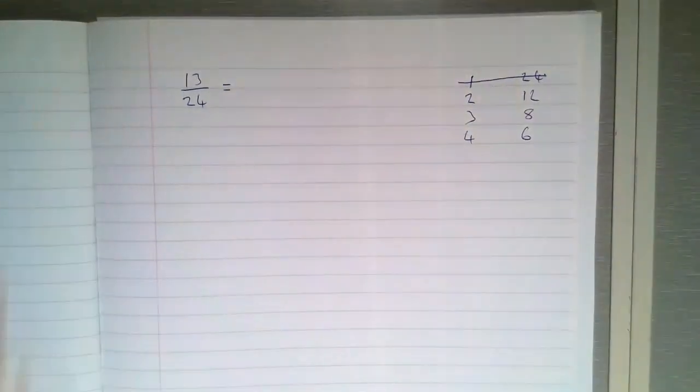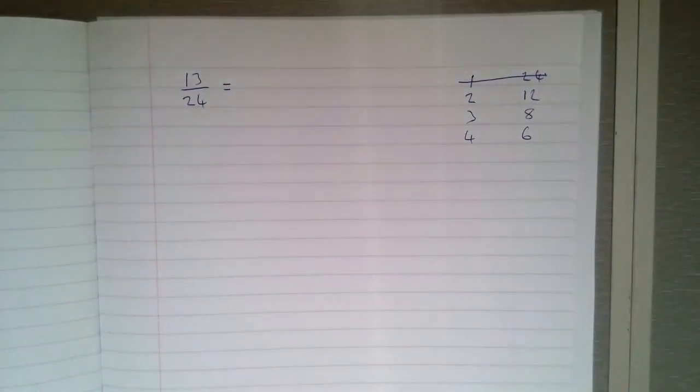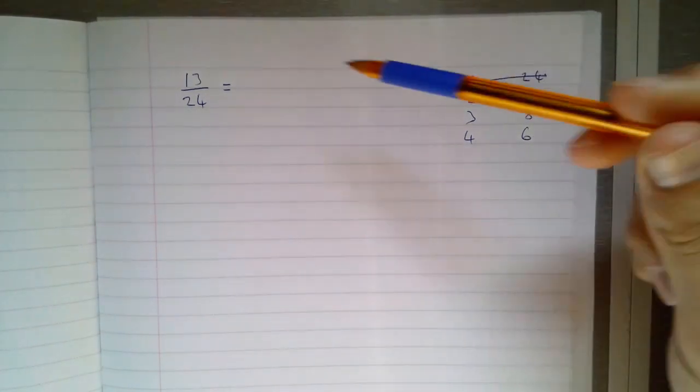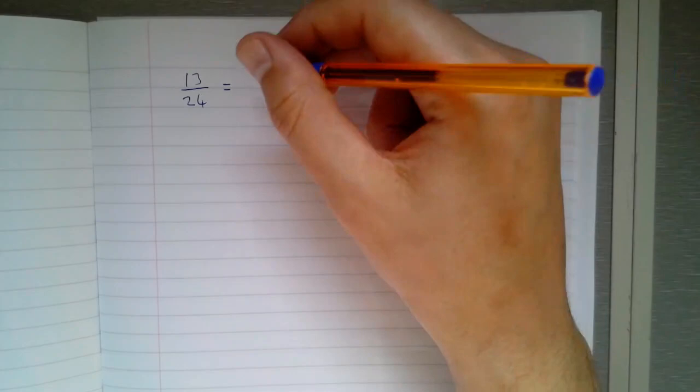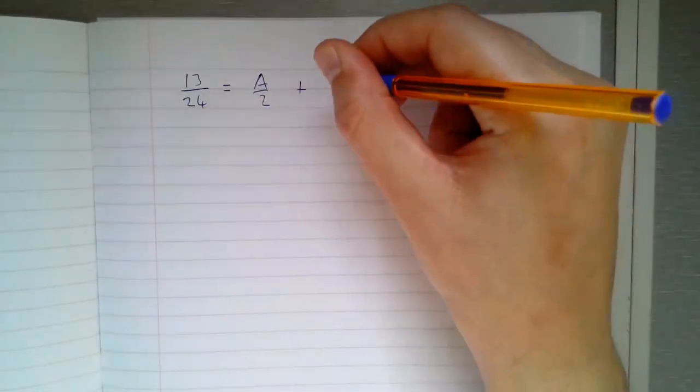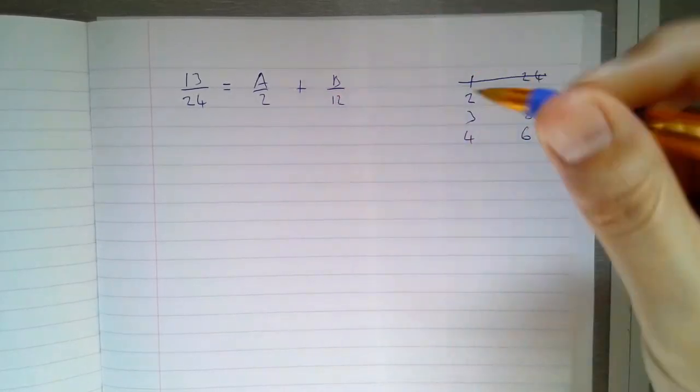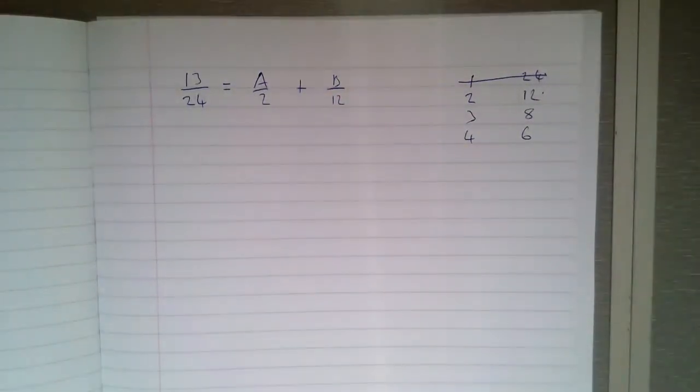So I've got these three options. I'd like you to pause the video in a minute and try these different options. So 13 over 24 is, for instance, A over 2 plus B over 12. See if you can come up with any options for these. So have a go at that now, please. We'll start again in a couple of seconds.